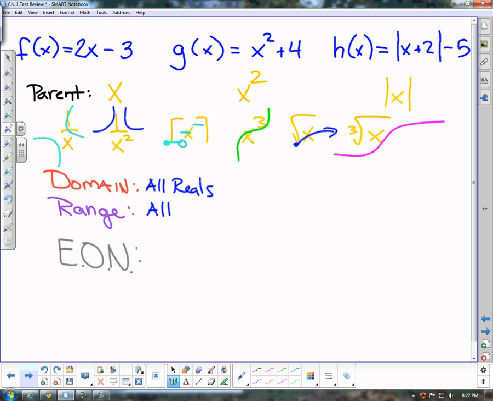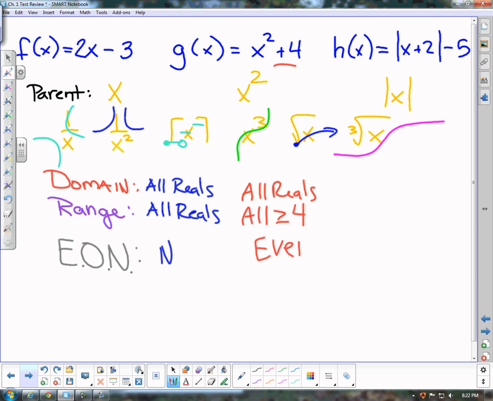Range is the same. And this one would be neither, because you can't fold it and you can't spin it on the origin. The x squared plus 4, domain is all reals. Range is all greater than or equal to 4 because it's shifted up 4. And this one would be even.